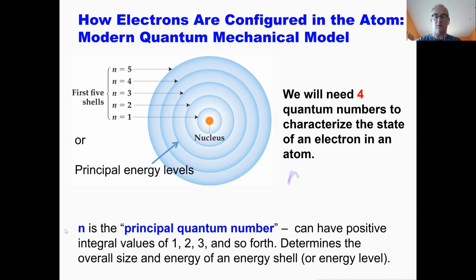So when n equals 1, there's room for 2 electrons there. If you have 1 electron, that's hydrogen. If you have 2 electrons, what's that? Helium. And that's it. Those are the only 2 elements that just have the single ground state shell. That's it. There's only 2. And then we move to the next shell.